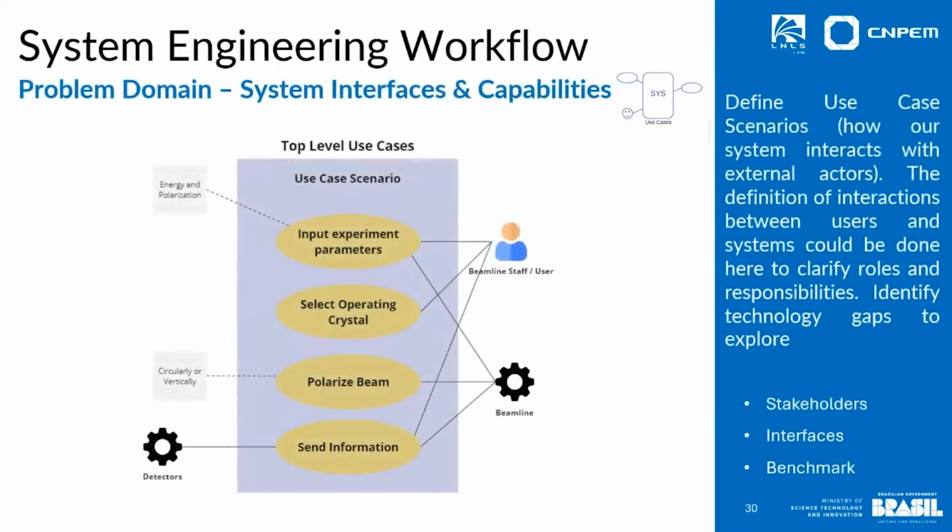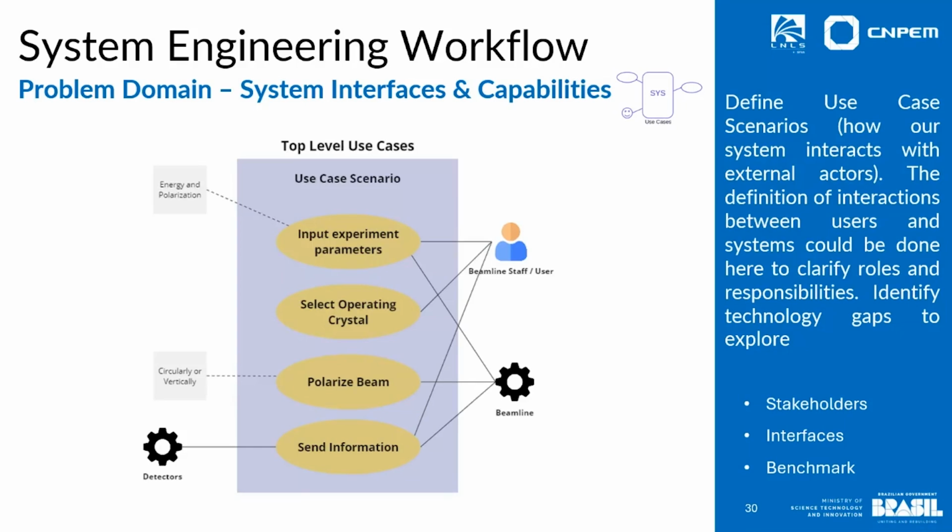As our first step, we are trying to identify the system interfaces and capabilities. At a very top level, we try to identify all the other systems that will be around our system, the beamline. Not always are we building a beamline from scratch. Sometimes we are upgrading beamlines, or upgrading end stations, or building a new end station for a beamline that already exists.